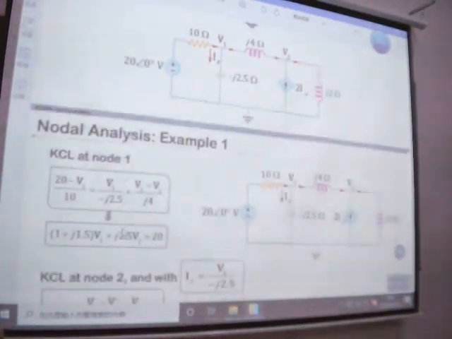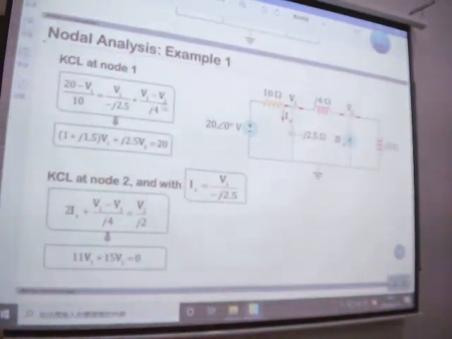So we get an equation which has variables V1 and V2. And then we are going to analyze V2. For node V2, the current going into V2 should equal the current going out of V2, and here we have 2Ix.